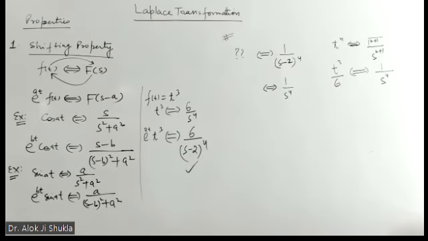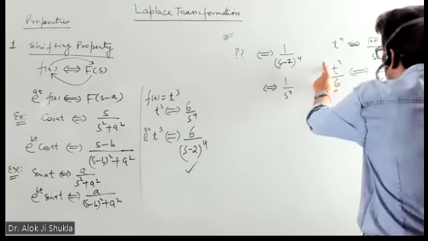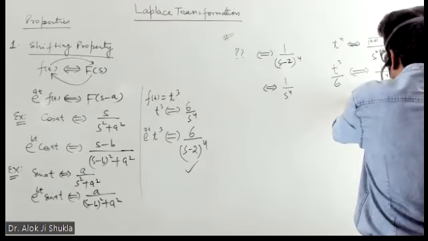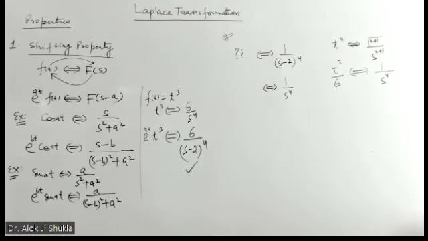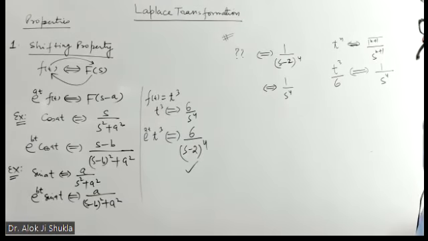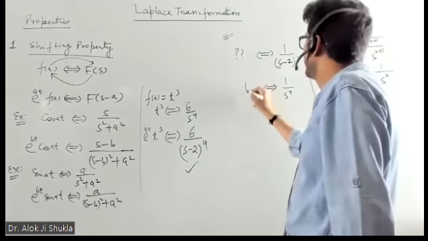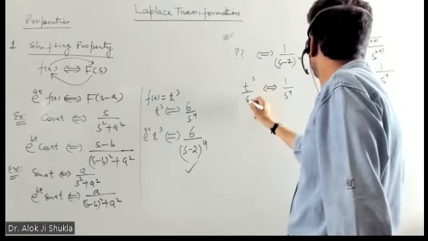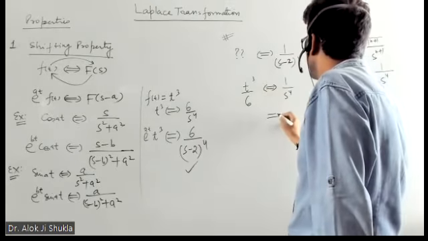So if you calculate Laplace of t to the power 3 by 6, you will get 1 upon s to the power 4. Is it true? Yes, sir. So 1 upon s to the power 4 will give you t to the power 3 by 6, and then comes the shifting.